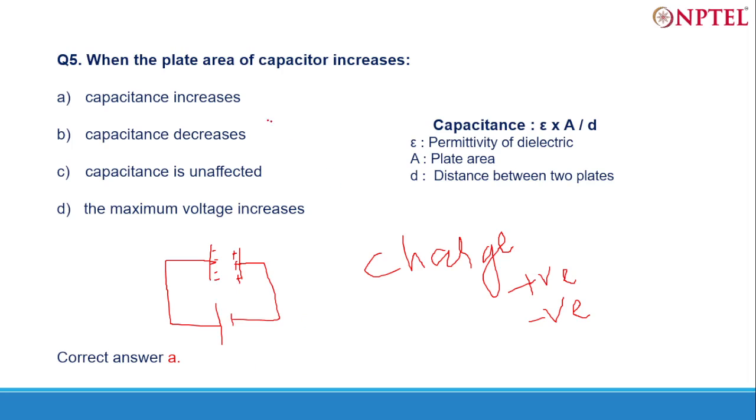If we see the capacitance, it is represented by C, that is the capacitance of these two plates, C = epsilon A upon D. A is the area of the plates, D is the distance between these plates, and epsilon is the permittivity.